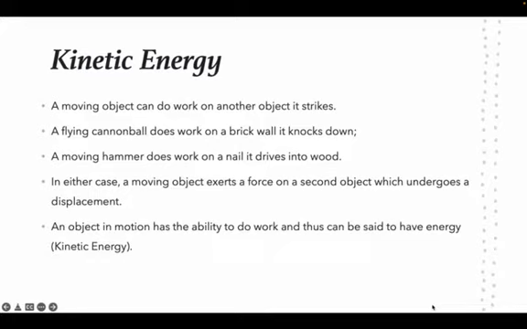Because it applies a force and the nail moves a certain displacement. So then we can say that an object in motion can do work on a second object. And an object in motion, therefore, has energy. In this case, kinetic energy.